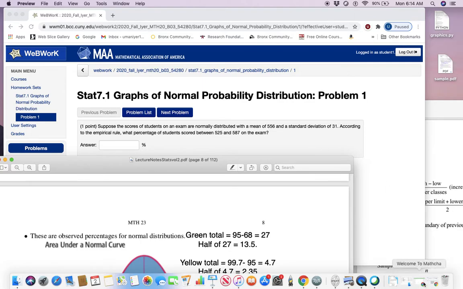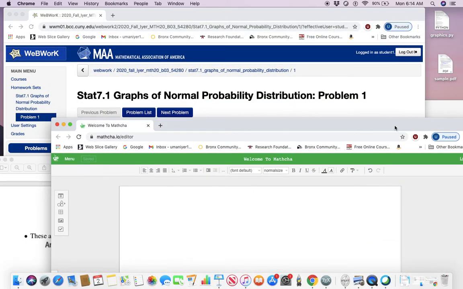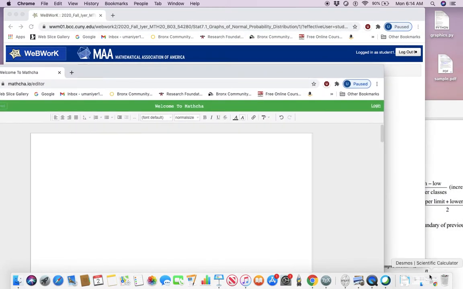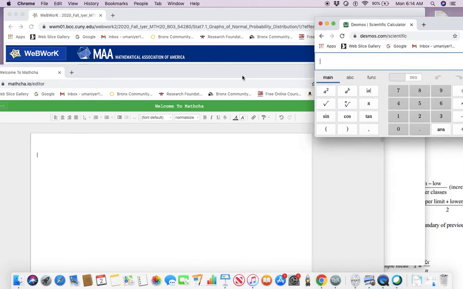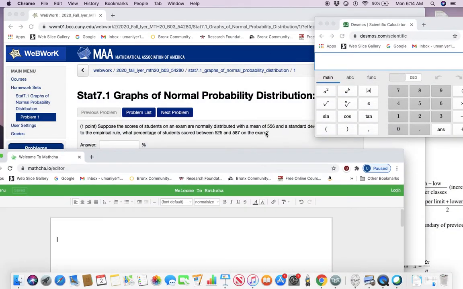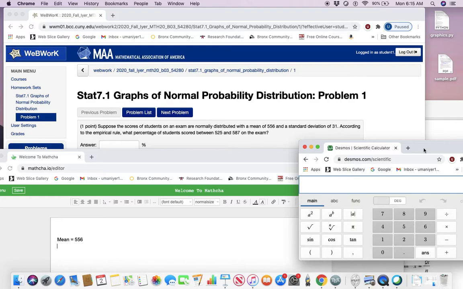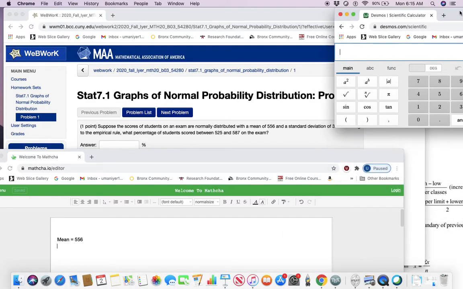So let's get our workspace and calculator ready. First of all, you are looking at a mean of 556, and we are told the standard deviation is 31.